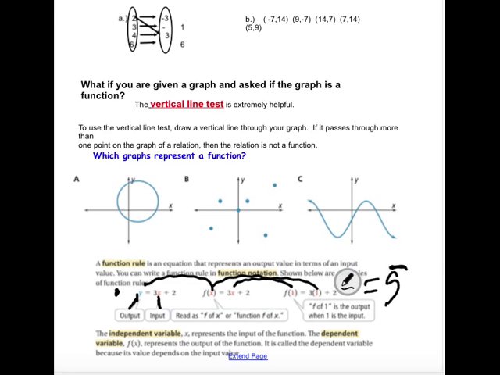So just simply plug whatever your input is into x. The independent variable x represents the input of the function, and the dependent variable f of x represents the output of the function. It's called the dependent variable because the value depends on that input value.